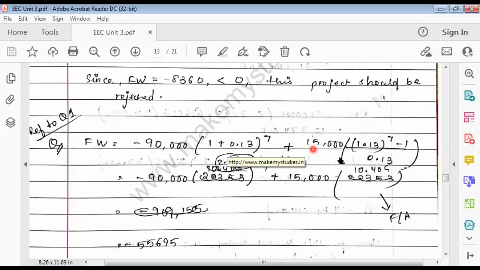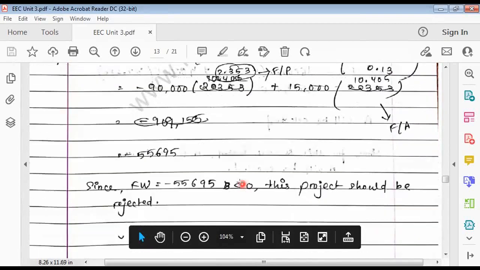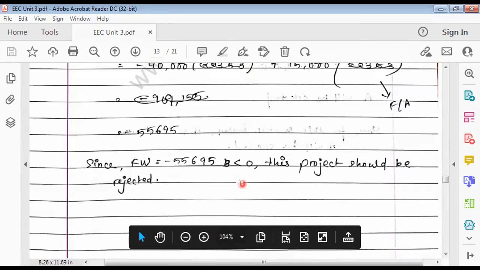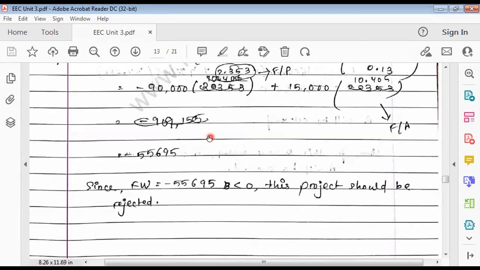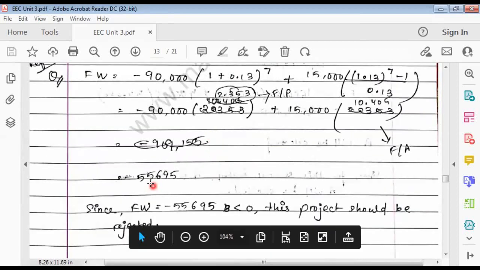Accordingly, the shortcut formula has been used: 15,000 times 1 plus r whole to the power t minus 1 whole divided by r. This is how it is to be solved. And the answer is minus 55,695.